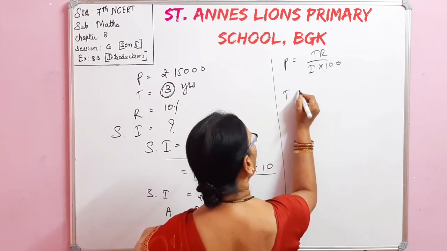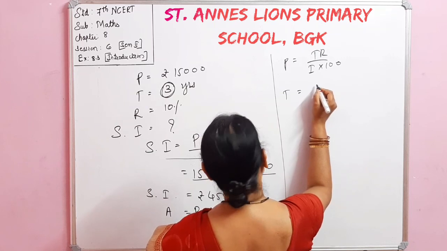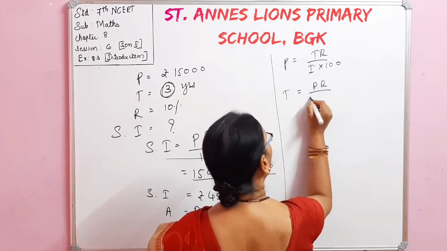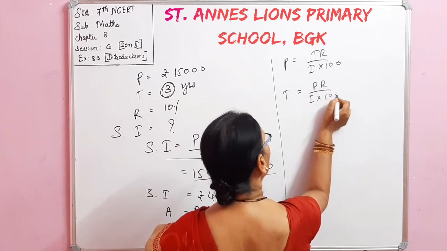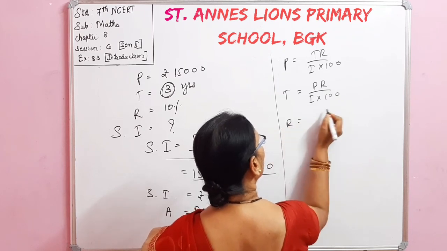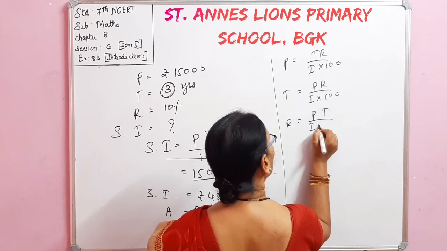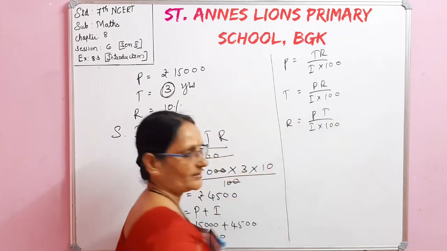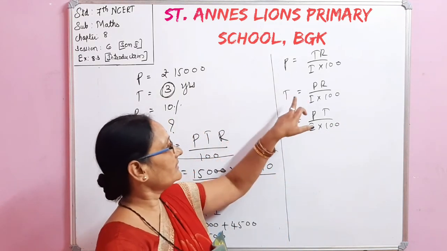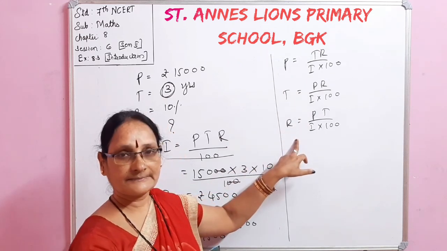Now suppose I want T: that is I into 100 by PR. If I want R, that is I into 100 by PT. These are all the formulas to calculate the principal, time and rate of interest.